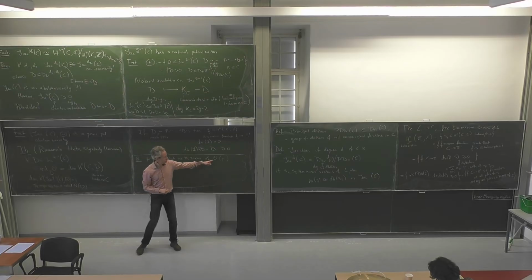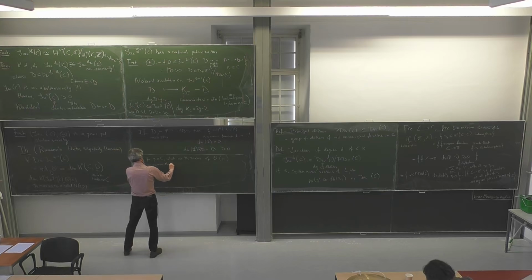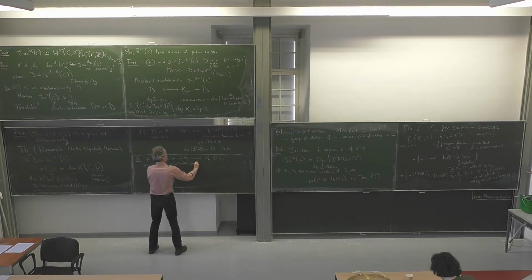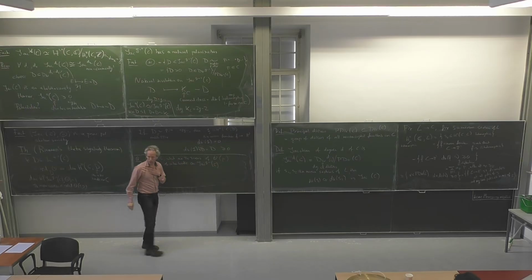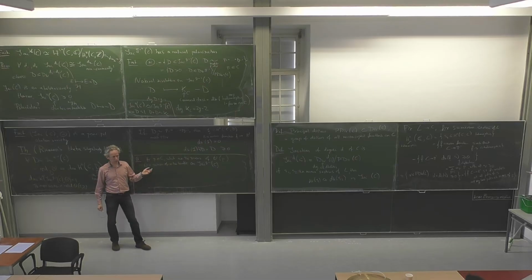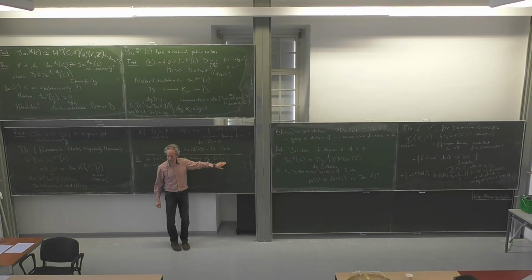Because what is theta? Theta is a section of a line bundle on the degree g minus 1 Jacobian, right? So I know this as a function of a divisor which has degree g minus 1. If I write a point P, that's not a divisor of degree g minus 1.